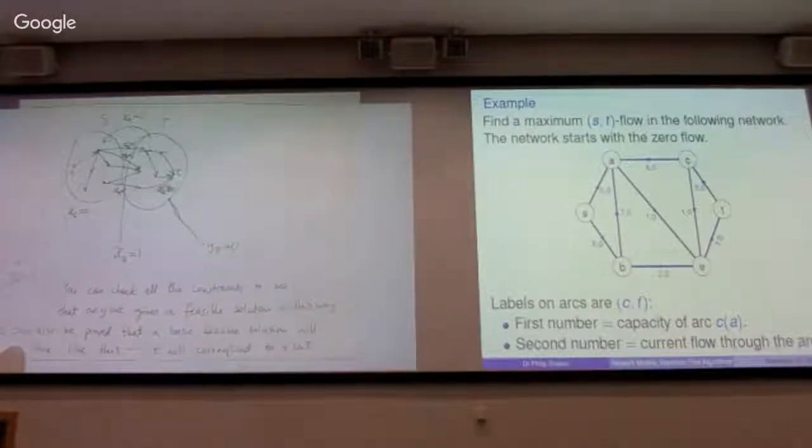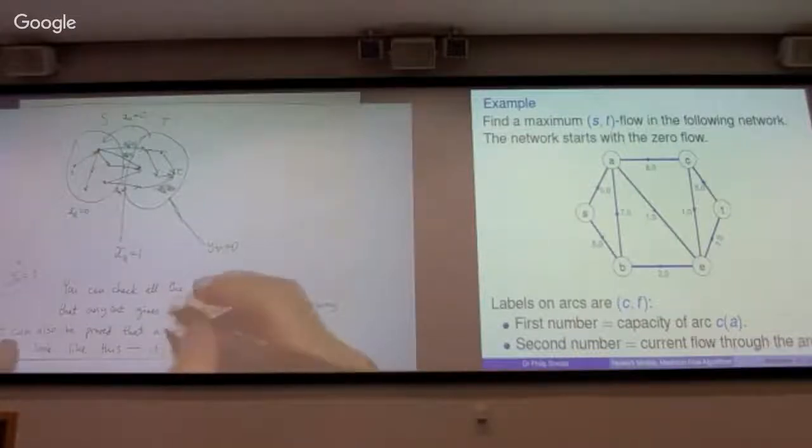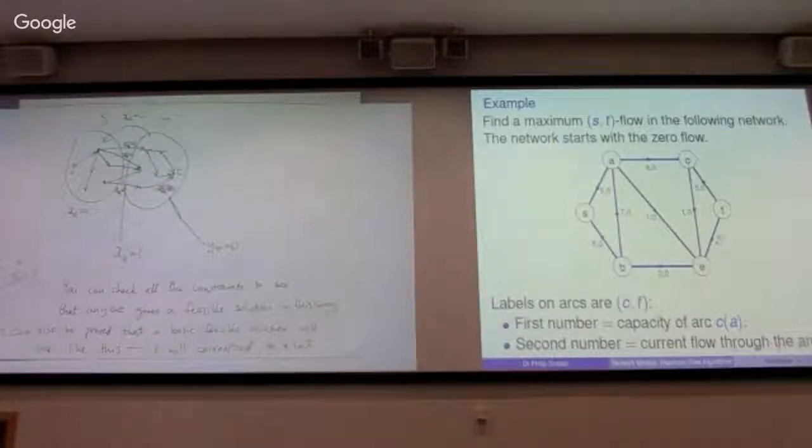That means it will correspond to a cut. So when you get a basic feasible solution, you get zeros and ones on your variables. So the optimal solution will also look like this, and that's going to give you the minimum cut.